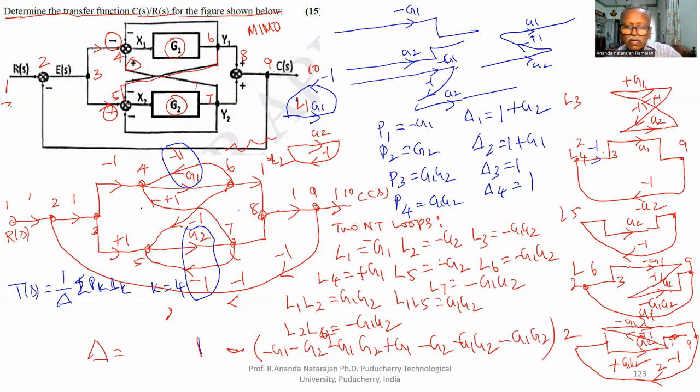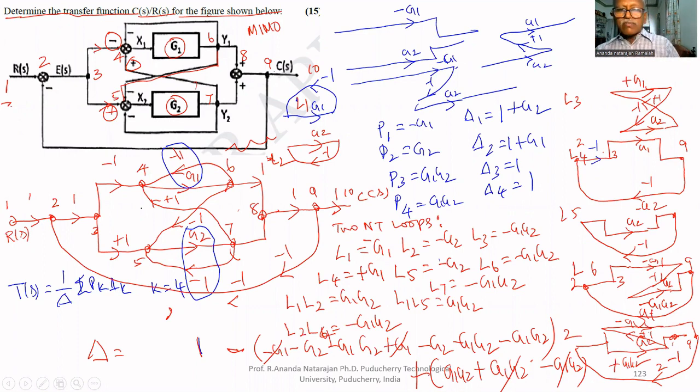Now G1 is getting cancelled. Therefore, the two non-touching loops we have to write. That is plus L1 L2 is G1 G2, plus again G1 G2, minus G1 G2. L1 L2, L2 L4 is G1 G2. That's all. Therefore, these two are getting cancelled.